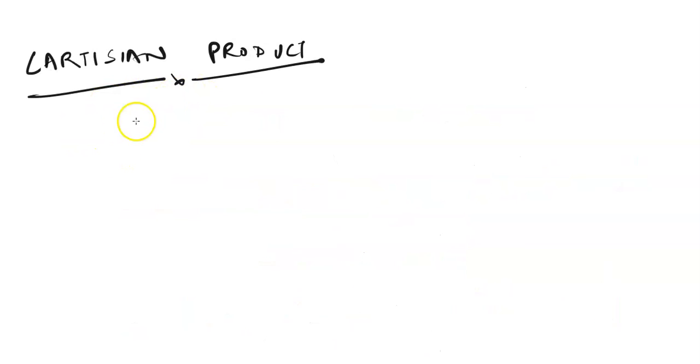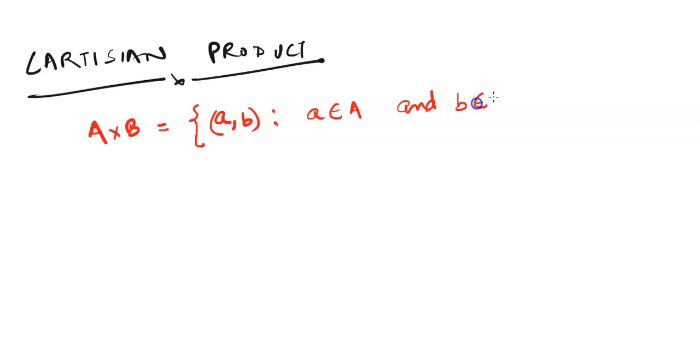If I have to represent the Cartesian product in set builder form, how would you represent it? We say A cross B is all elements (a, b) such that a belongs to A and b belongs to B, right?